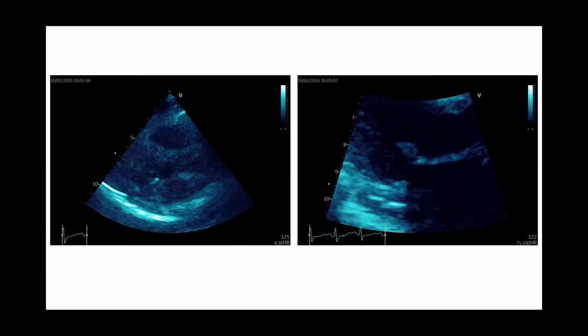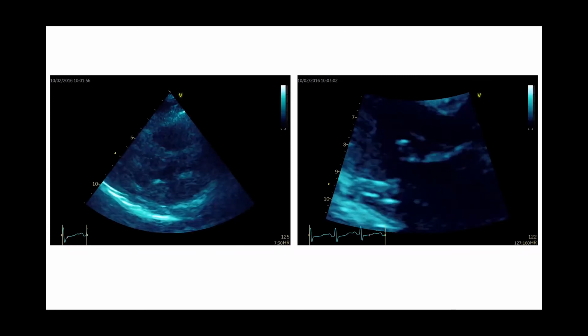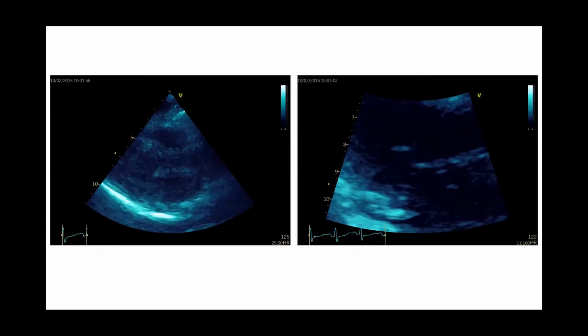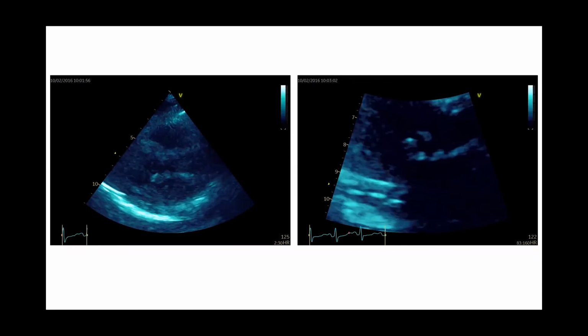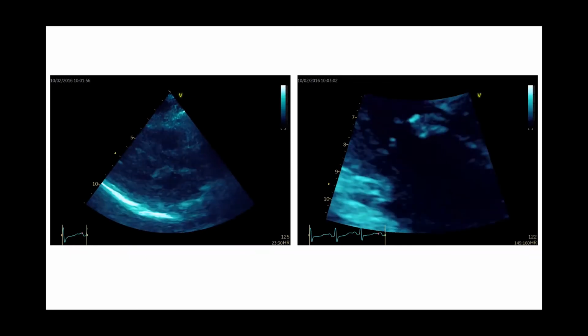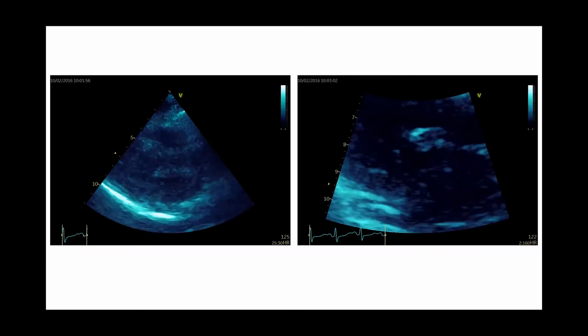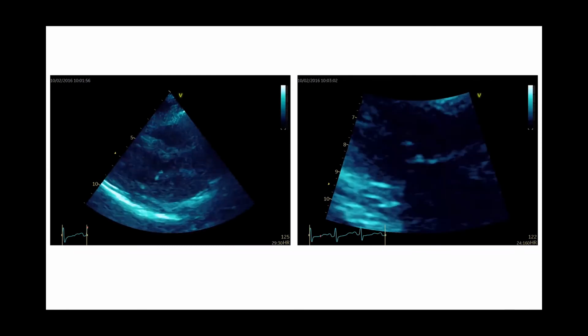I'm looking at the LA, which looks normal from this particular view. And I can't appreciate the RV to be big in this view either, which I will correlate by looking at the 4-chamber view.